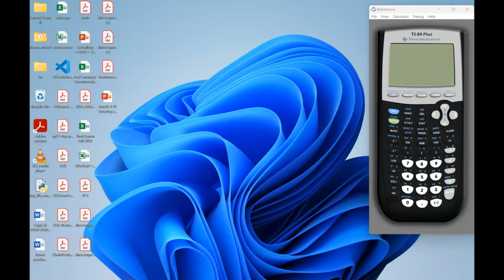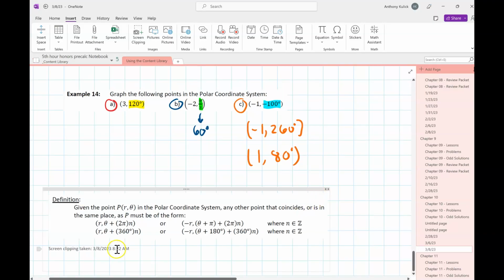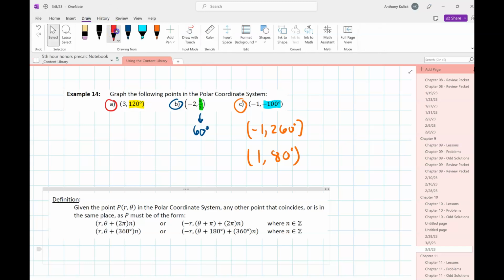So let's sum up what we just observed here with a definition about coinciding points. Given a point r comma theta in the polar coordinate system, and just FYI, I'll use PCS as an abbreviation for polar coordinate system, because that's a lot of letters to write.